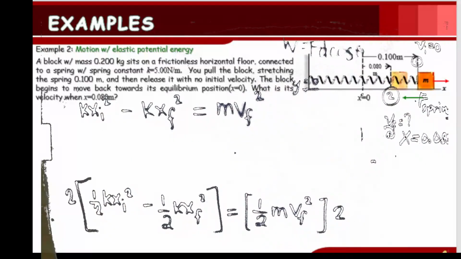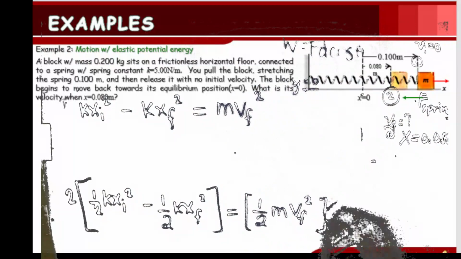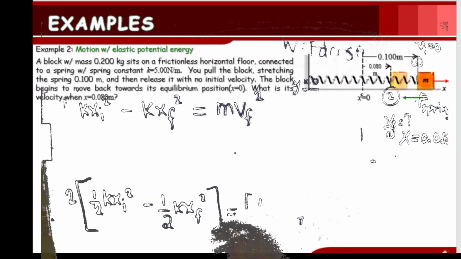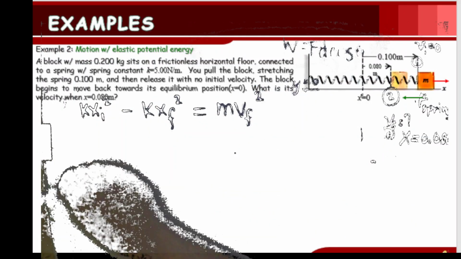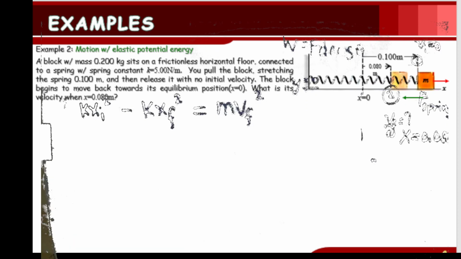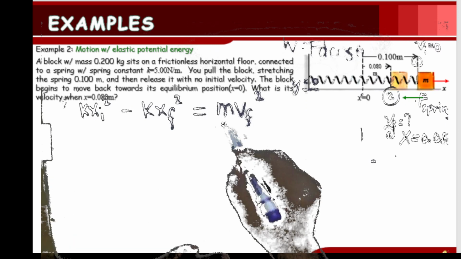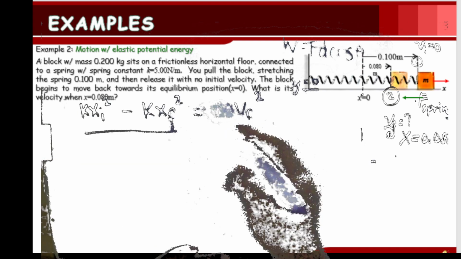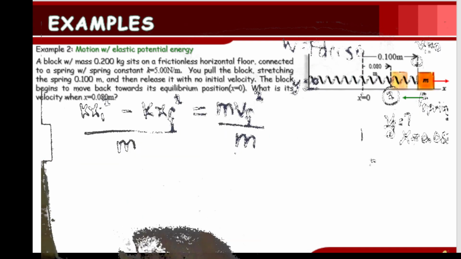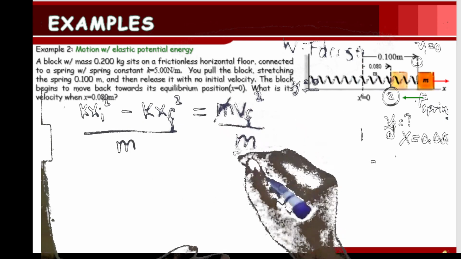Again, what is our target here? The velocity. So we have to divide both sides by the mass m, so we can cancel this out.